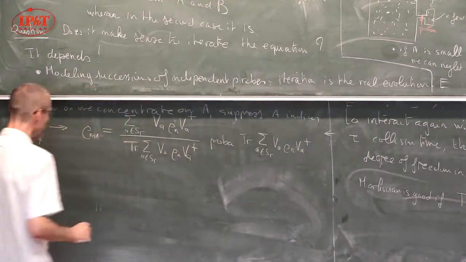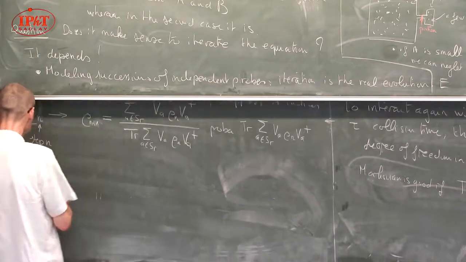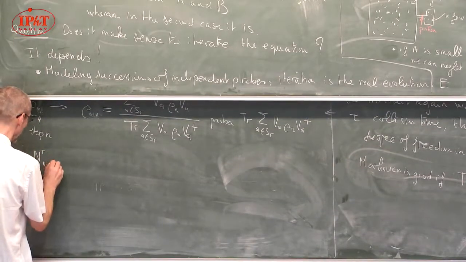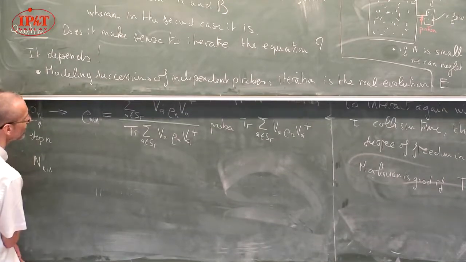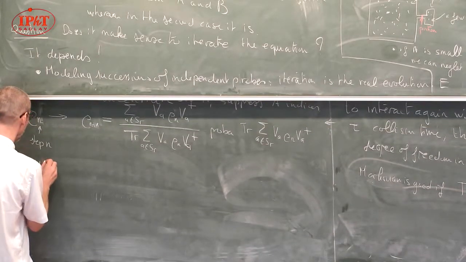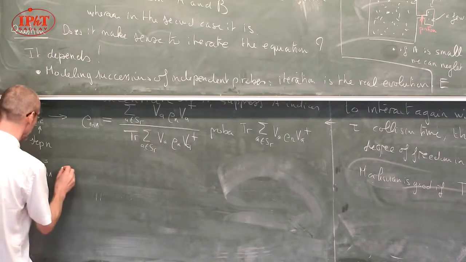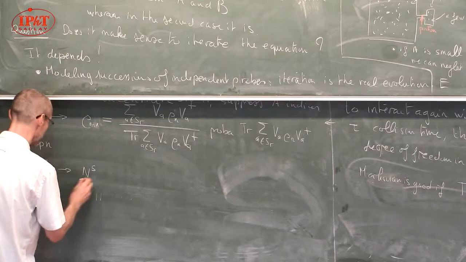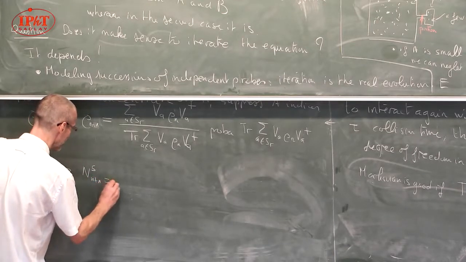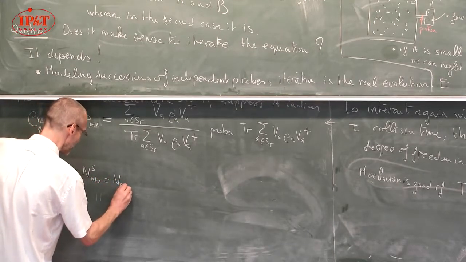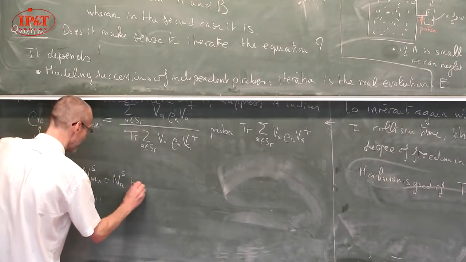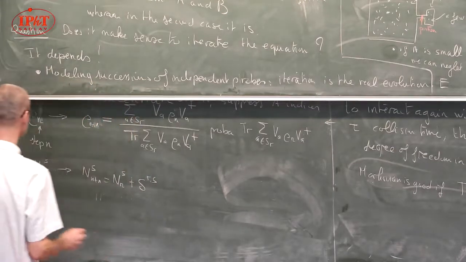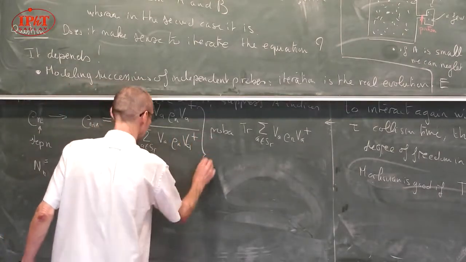And then we also have a counting process, N_S at step n plus 1 goes to N_S at step n plus delta_RS, with the same probability.